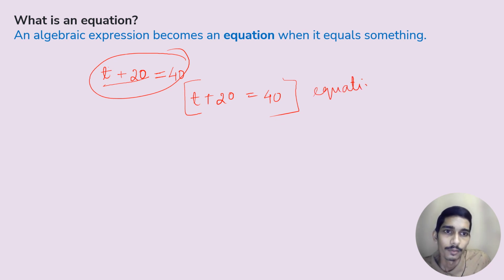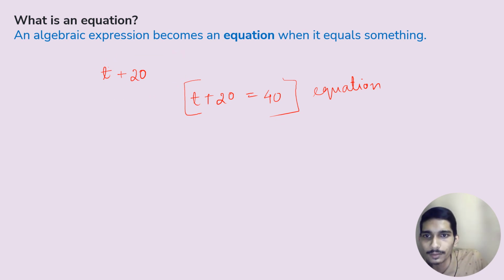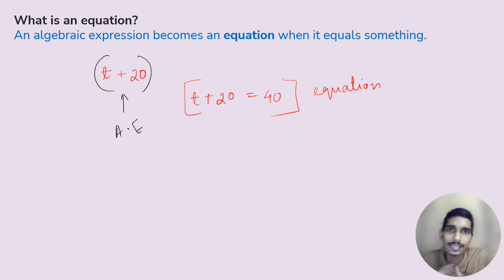Before the equal to sign, it was an expression, an algebraic expression. When I said this algebraic expression will equal the value 40, then that expression t plus 20 got converted to an equation.